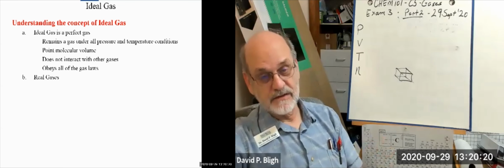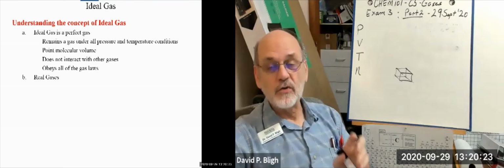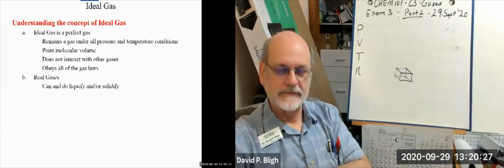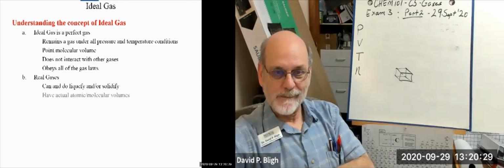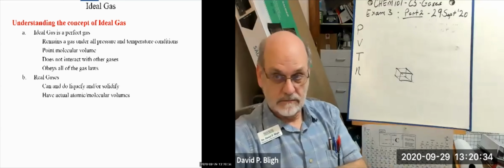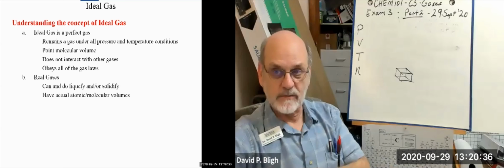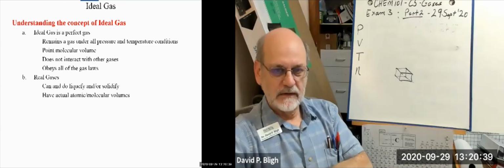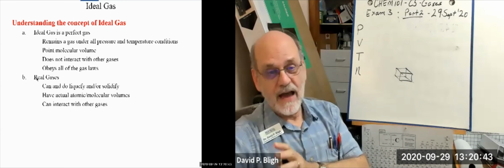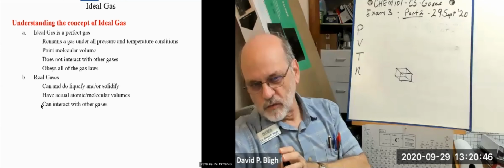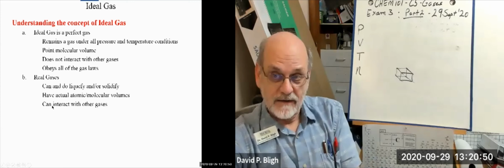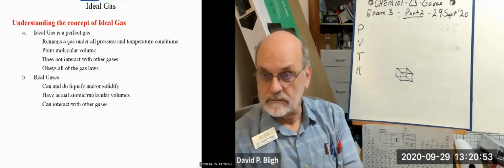Now, real gases, they do liquefy, and some solidify as you cool and compress them. They do have actual volumes, right? We can determine those volumes experimentally. And they do very often interact. In fact, the third one is related to the first one. Why do gases liquefy? Well, because they attract one another, right?